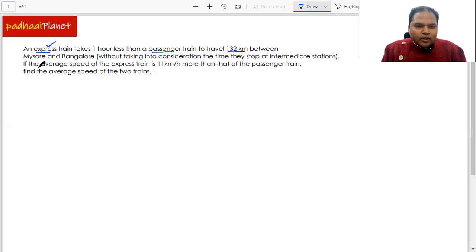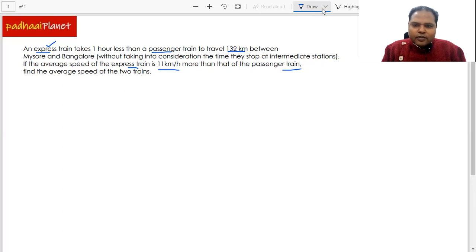Now the question also says that the average speed of the express train is 11 kilometers per hour more than that of the passenger train. Find the average speed of the two trains. So this is what we need to find out.